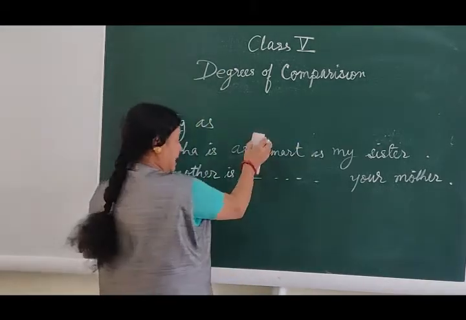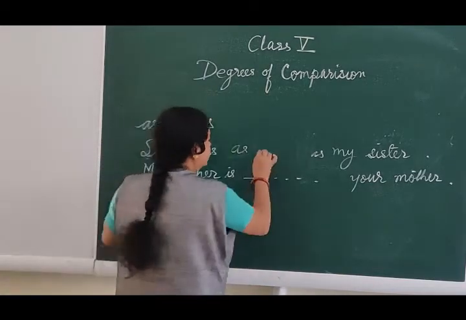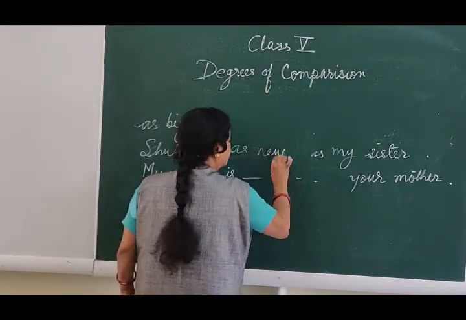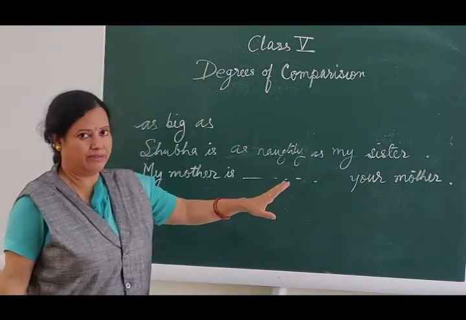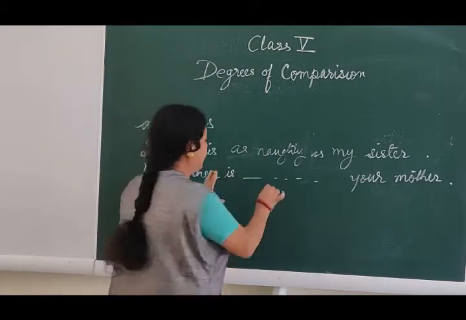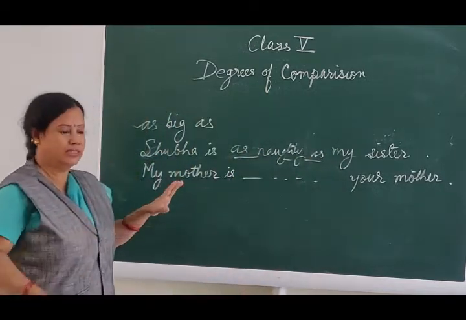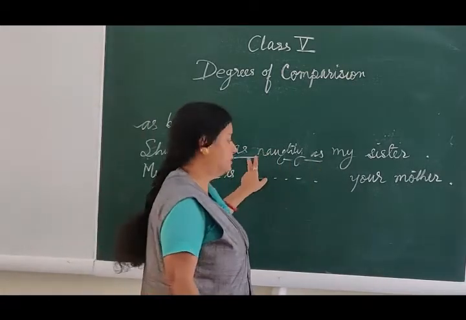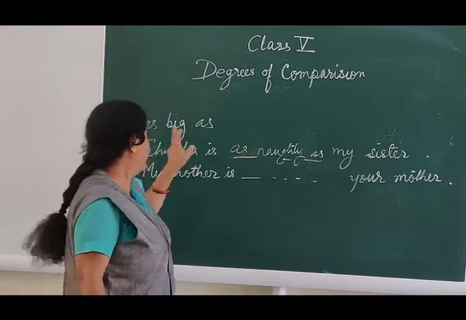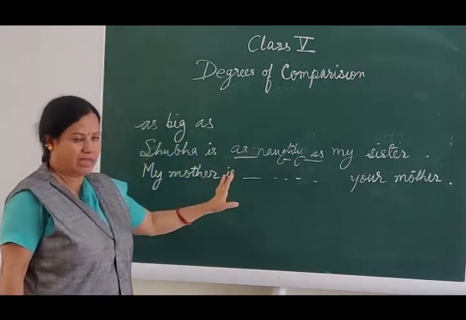Shubha is as naughty as my sister. Understood? Here we are comparing two things of the same quality, that's why we compare with as. Both sides as. As big as, as naughty as, as smart as.